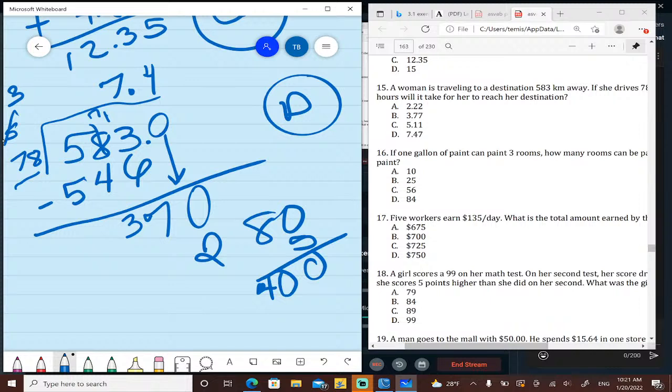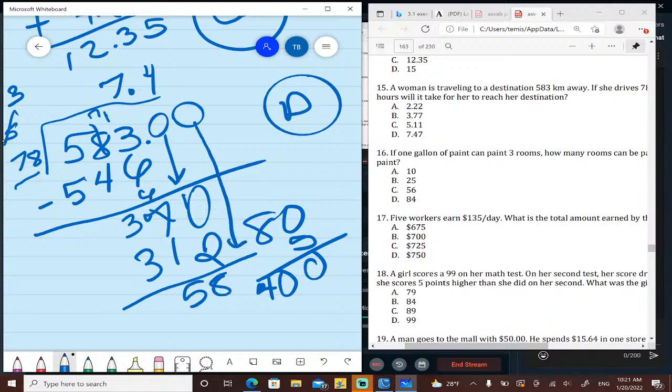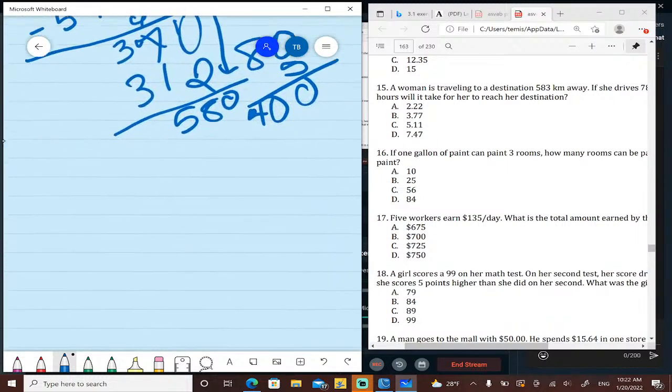And then 7 times 4 is 28, plus the 3 is 31. And then we subtract. And of course we can bring another 0 up there, bring it down, and then we're going into 580. Well, we already saw that 583 went 7 times, so 580 is also going to be 7, which also confirms that our answer choice is D. And we're ready to move on.